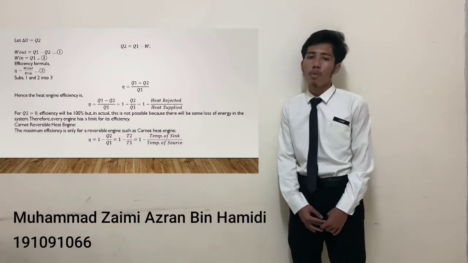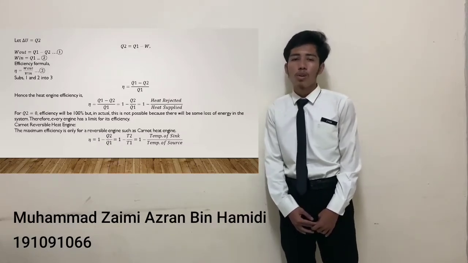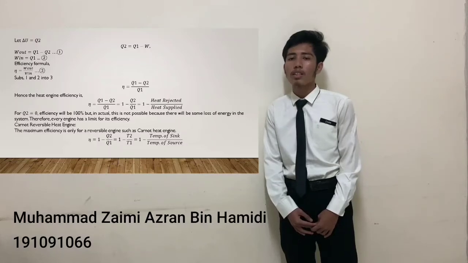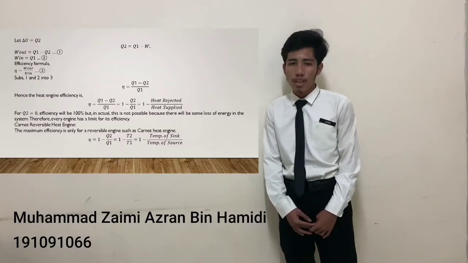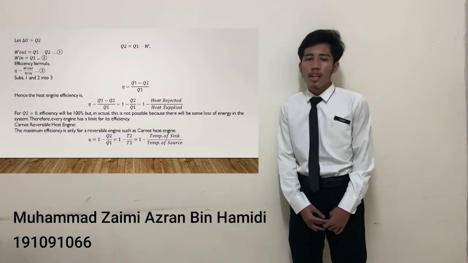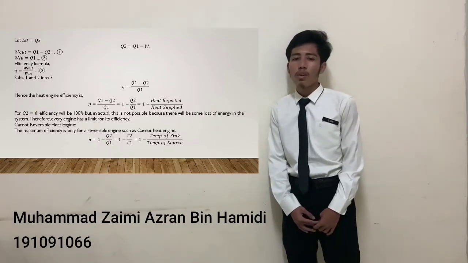Then we substitute 1 and 2 into 3. Then we get efficiency equal to Q1 minus Q2 over Q1.